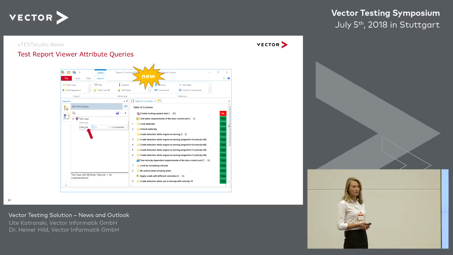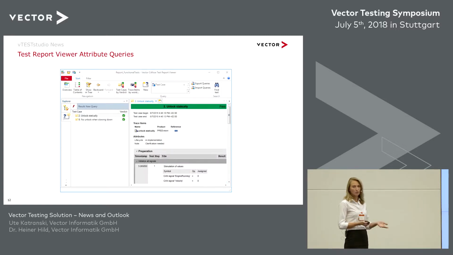Give me all of the test cases that have the life cycle and implementation, and maybe a note that is not empty. If we then execute this query, we get exactly those two test cases for which this comes true, and then of course we've got the attribute values also available in the report.